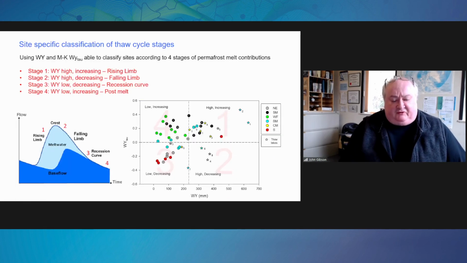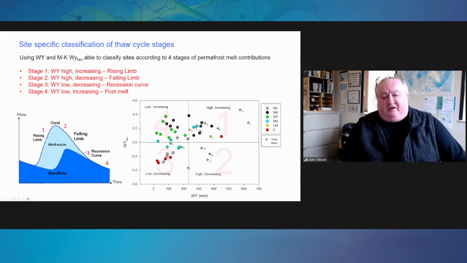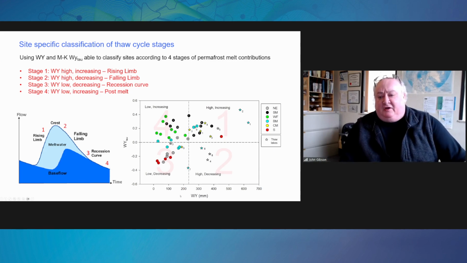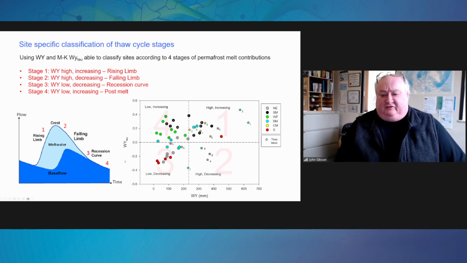So the process that we envisage here is sort of like a thaw cycle hydrograph, where early permafrost melt is in category 1, and then stage 2 is when it starts to decline, and then we get stage 3 and stage 4. And we've classified all of our lakes according to this category.